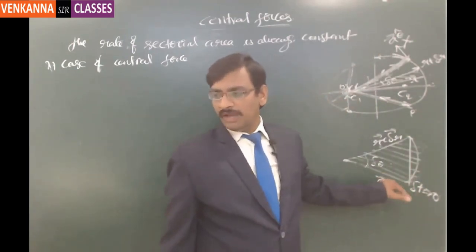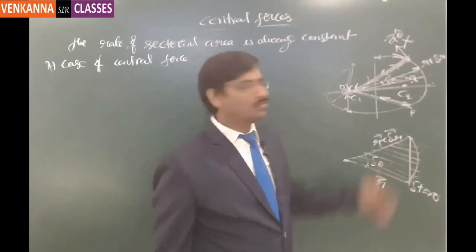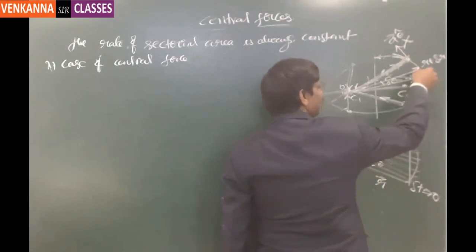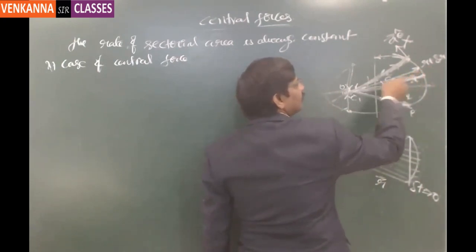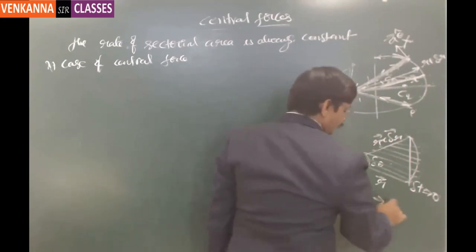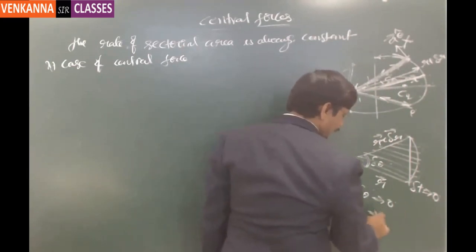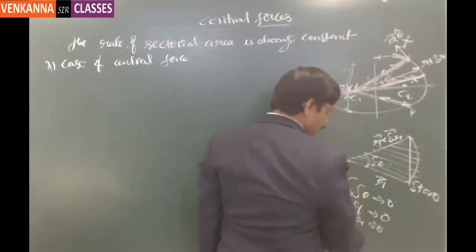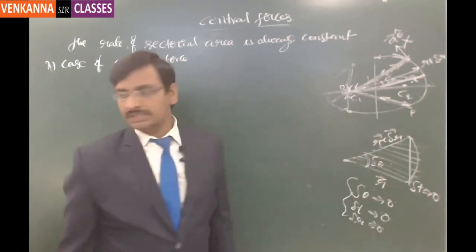That means in the very next moment, this is the vector we can think of immediately. That means delta theta tends to 0 as delta t tends to 0, and delta r also will tend to 0, as everything is interrelated to each other.